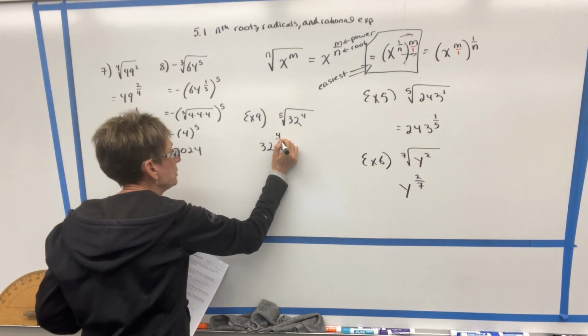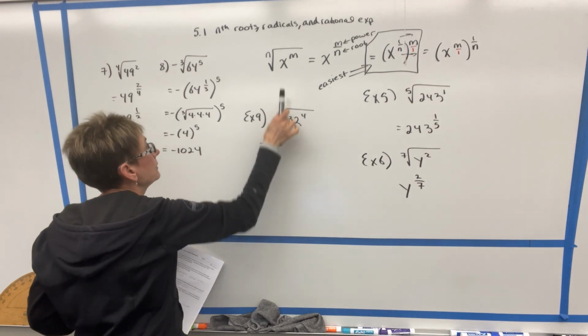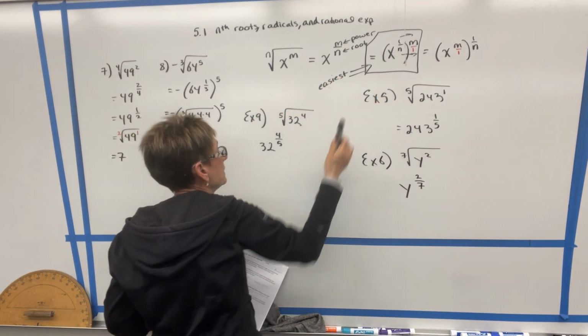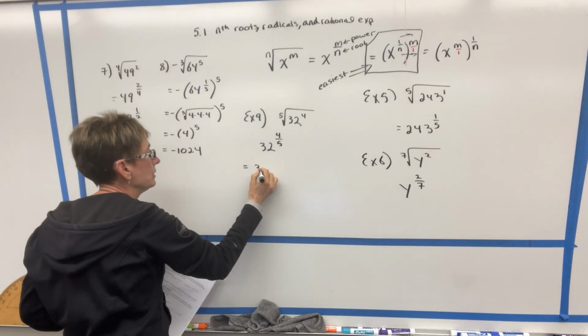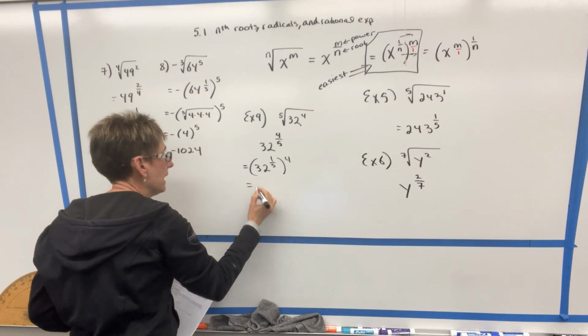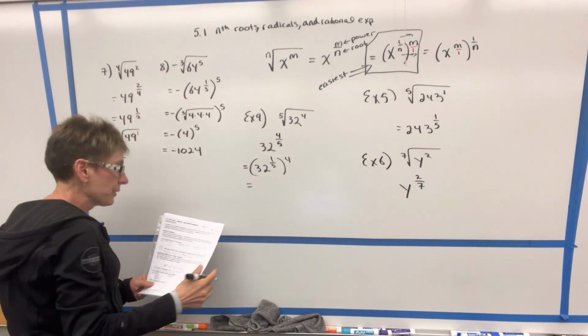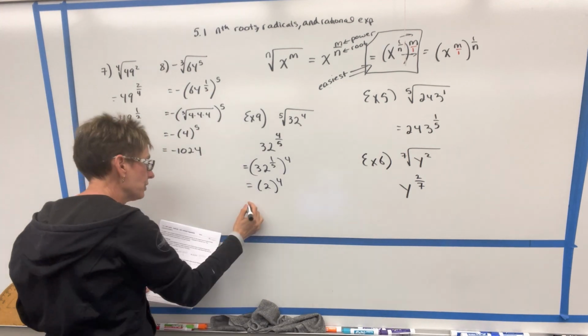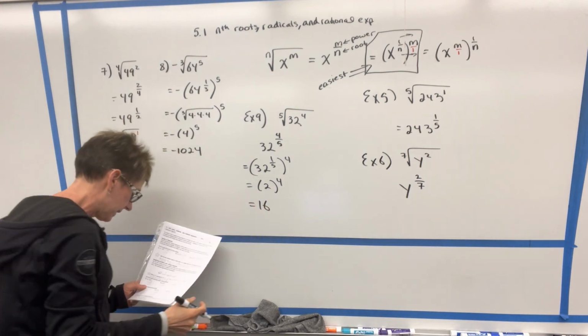That would be 32 to the 4/5. This format right here. Now I'm going to translate it to this format here. I'm going to do 32 to the 1/5 first and take that to the 4th power. 32 to the 1/5 is 2. And then when I take 2 to the power of 4, I get 16.